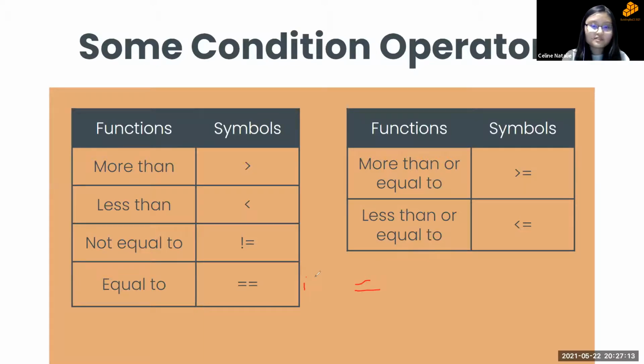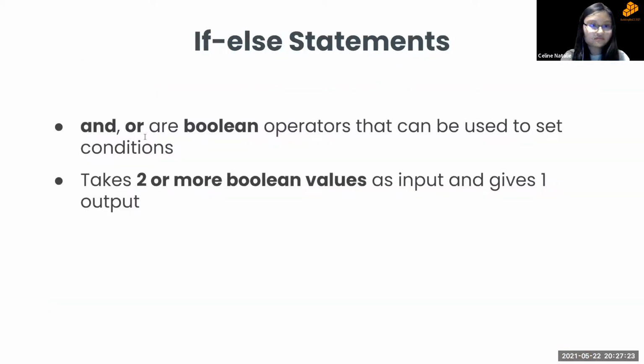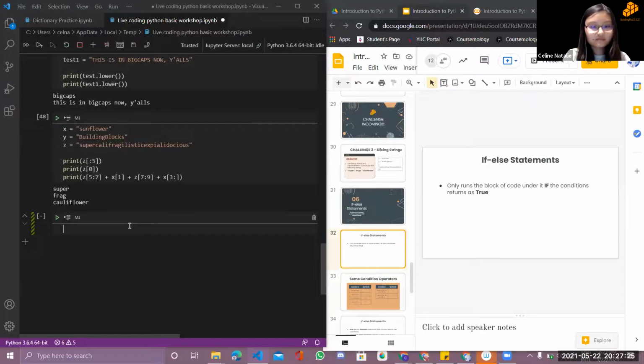I'll give you time to try that out later. Basically, let me show you in here. Let's say if x is equals to 4, and I make this error.